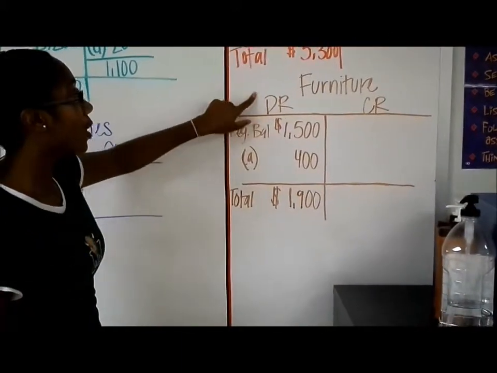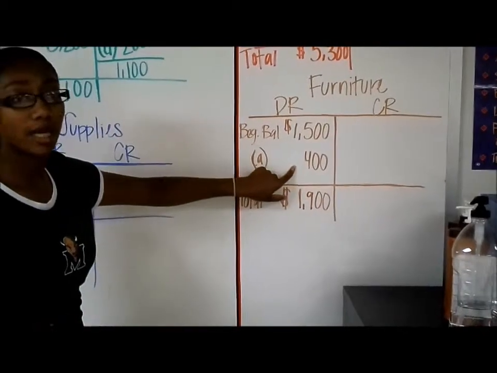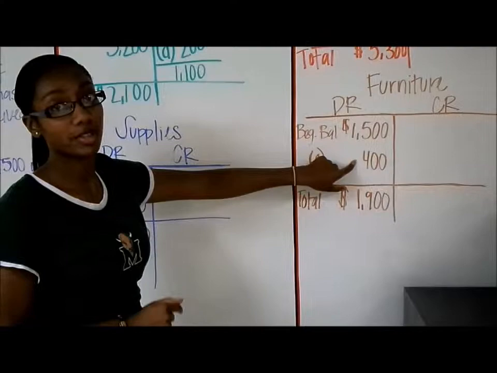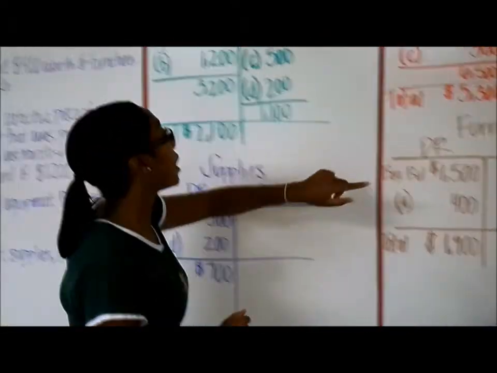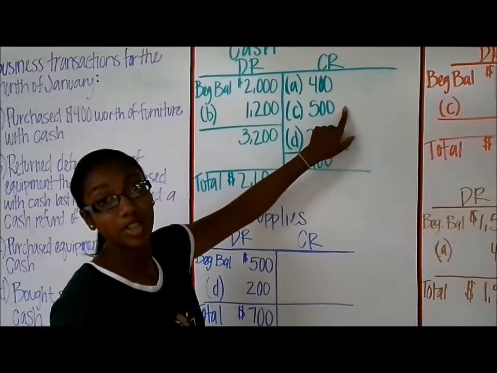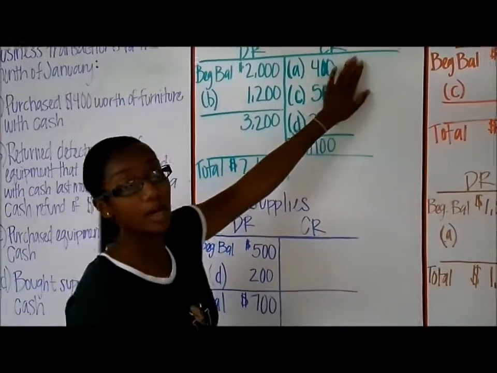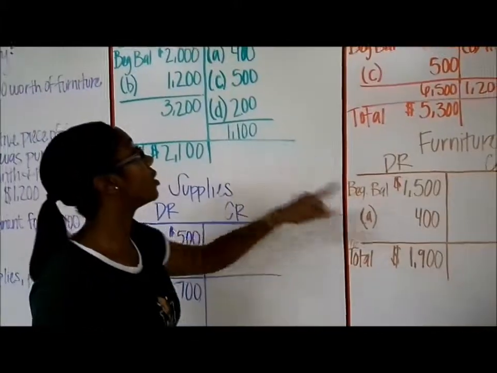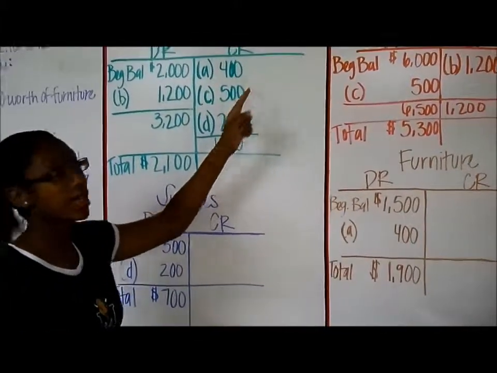So you will put it on the debit side of the T account because you're purchasing more furniture, so it will increase your furniture account. And then because you purchased it with cash, you will decrease your cash account, so you would put it on the credit side of the T account. So that's how you would post both of these transactions.